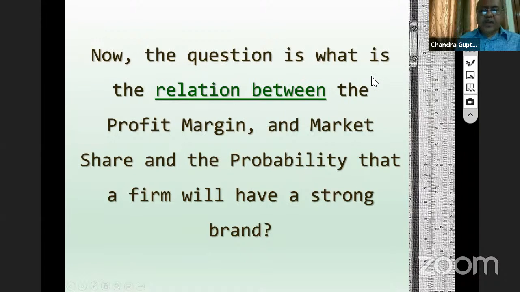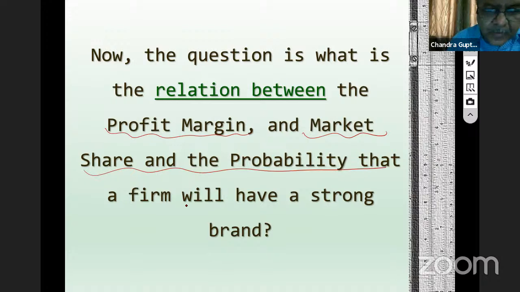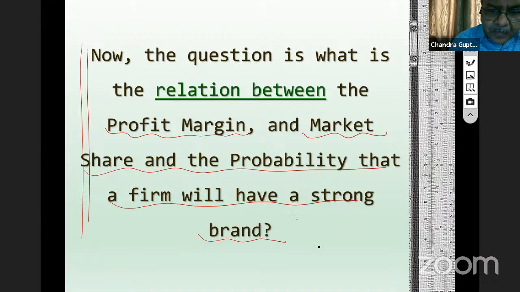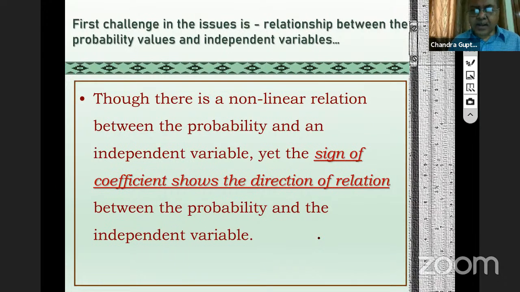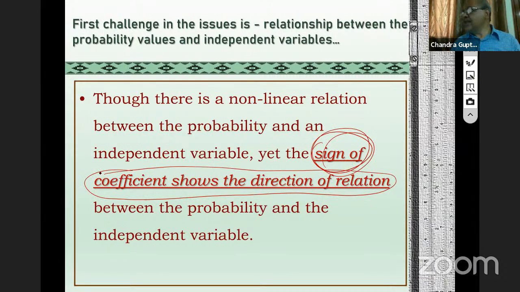Now the question is, what is the relationship between the profit margin and market share and the probability that a firm will have a strong brand? How do we get that? For that, you actually have to do the marginal analysis. So let's note down certain points. The sign of coefficients shows the direction of the relationship.